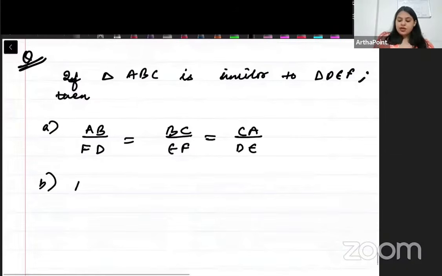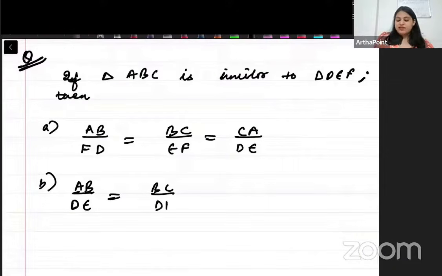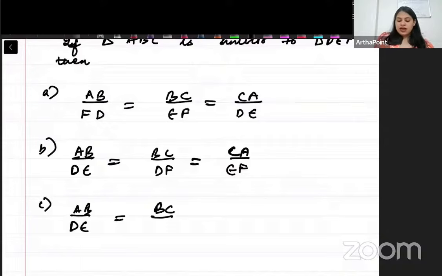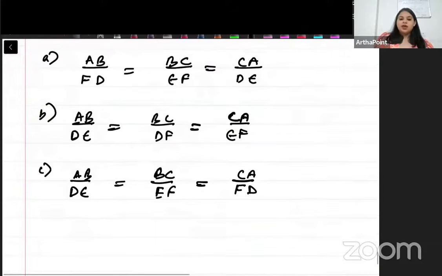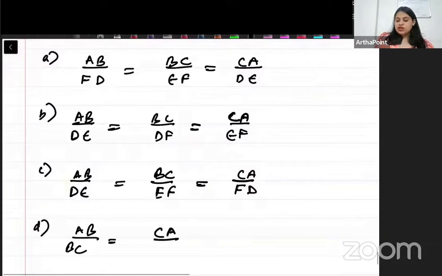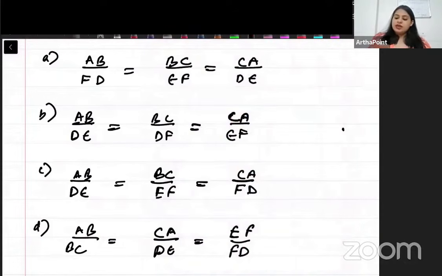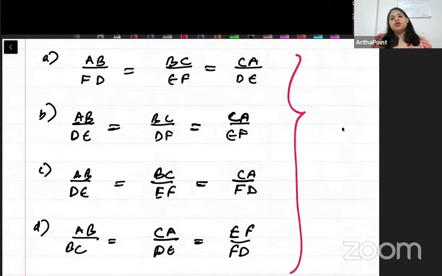B. AB by DE is equal to BC by DF is equal to CA by EF. C. AB by DE is equal to BC by EF is equal to CA by FD. And D. AB by BC is equal to CA by DE is equal to EF by FD. So the triangles are similar. You have to go ahead and tell me that which of the following will hold true.